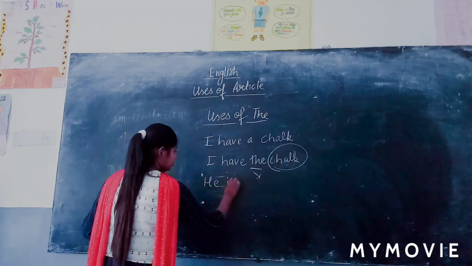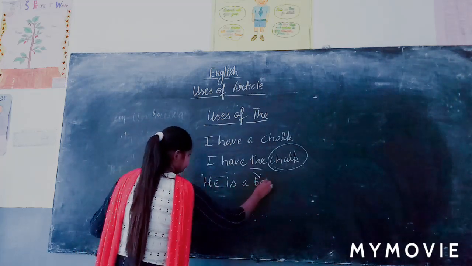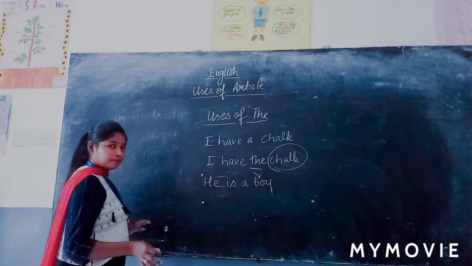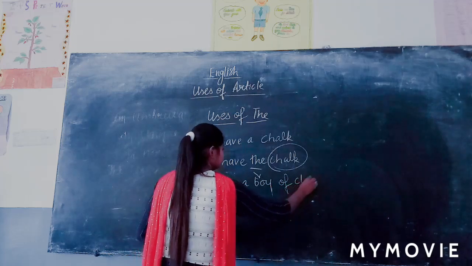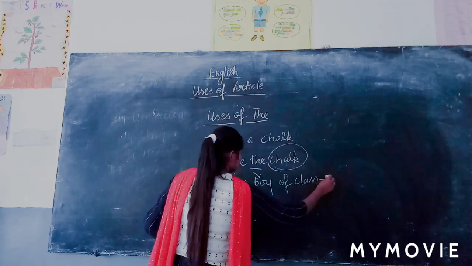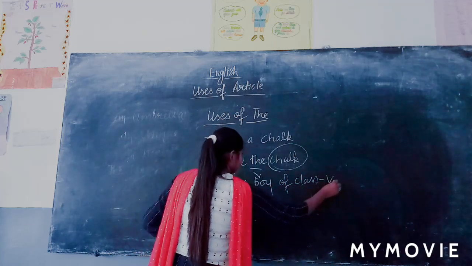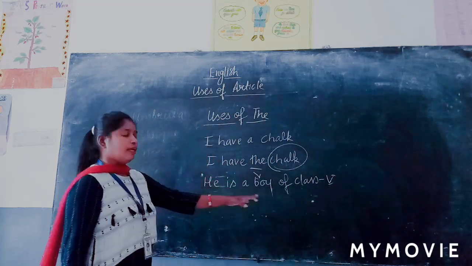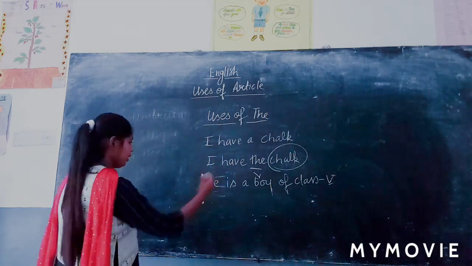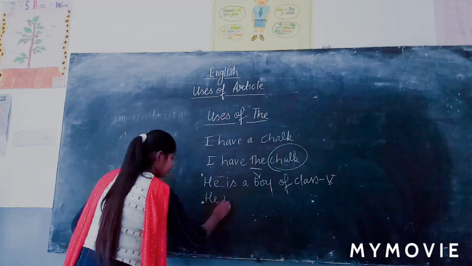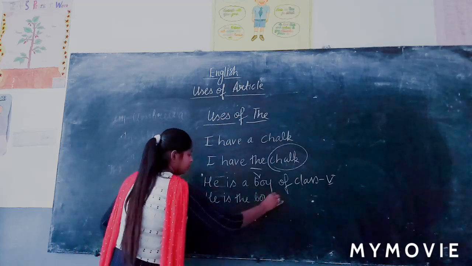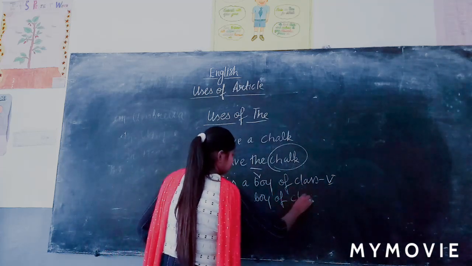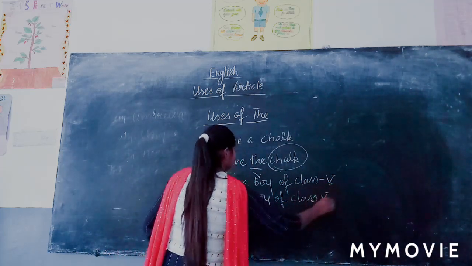He is a boy of class, whatever class, suppose 5. He is a boy of class 5. Another: he is the boy of class 5.